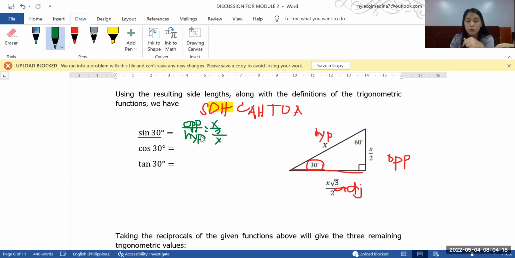Now, x over 2 all over x is equal to x over 2 times 1 over x.